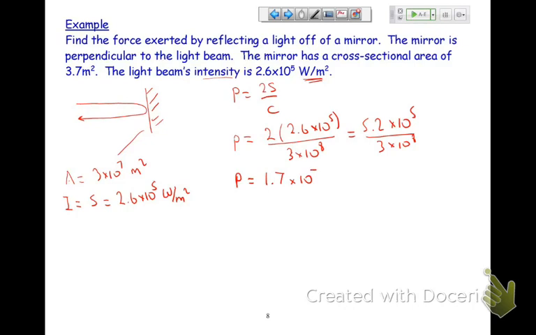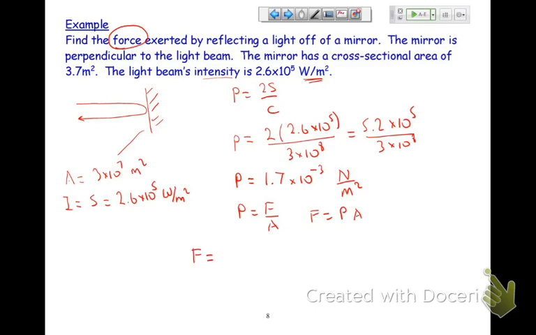minus 3. And what's pressure measured in? Anybody? Pascal. And what is Pascal in terms of newtons and meters? Newtons per meter squared. It's a newton per square meter, good. So that's newtons per square meter. And I want to find the force. Oh, look at that, force. So pressure equals force per unit area, so force equals pressure times area.